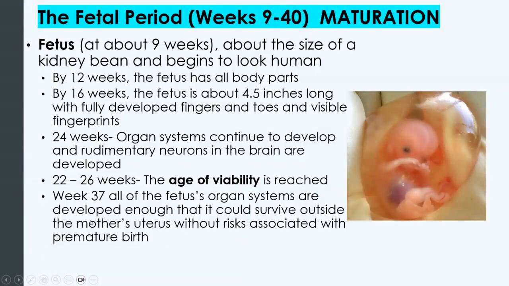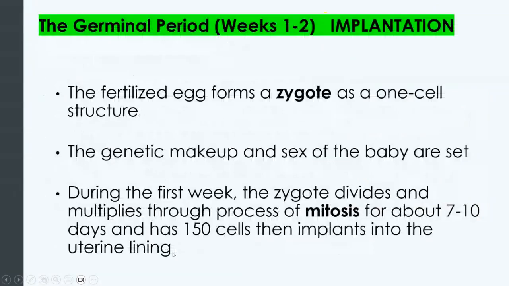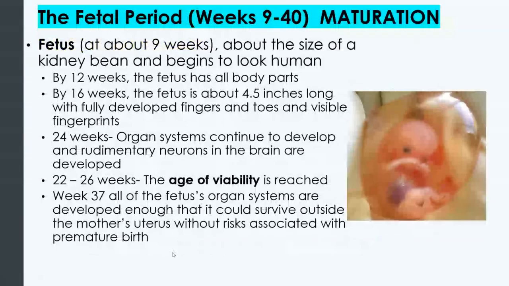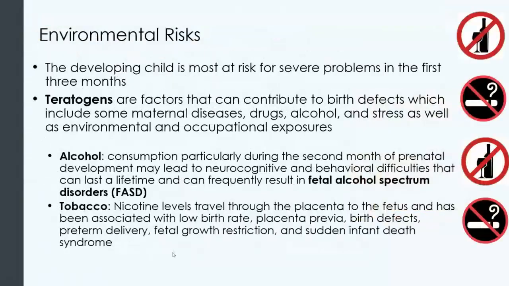And finally, the last marker here is that by week 37, all of the fetus's organ systems are fully developed enough that it could survive. Pretty much, you have a much higher percentage that it could survive outside the mother's womb. Okay, back to the 3 stages. When we think germinal, implantation; embryonic, organ formation; and fetal period, maturation.